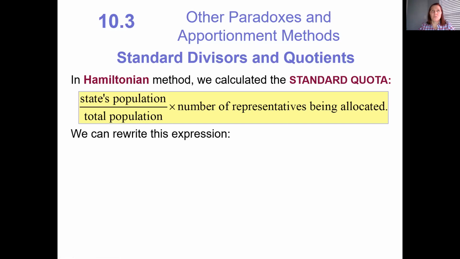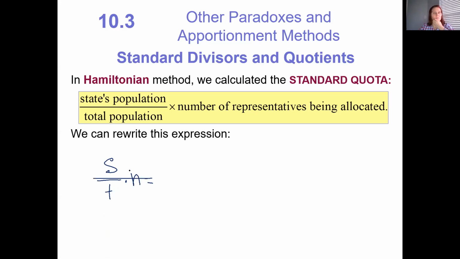You remember we divided the state's population by the total population to get the percentage of the state's population. Then we multiplied by the number of representatives being allocated. So the state population S divided by the total population and multiplied by the number of representatives.